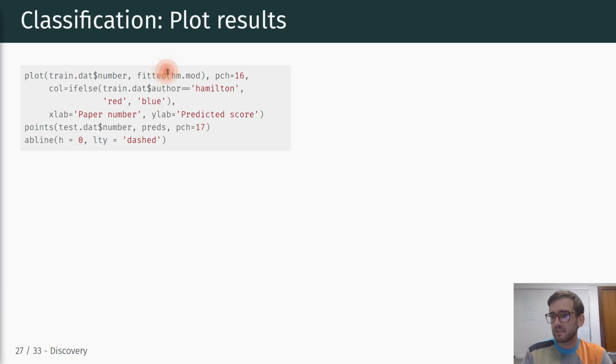And then on the y-axis we have our fitted value, based on the model, for just the training data first.